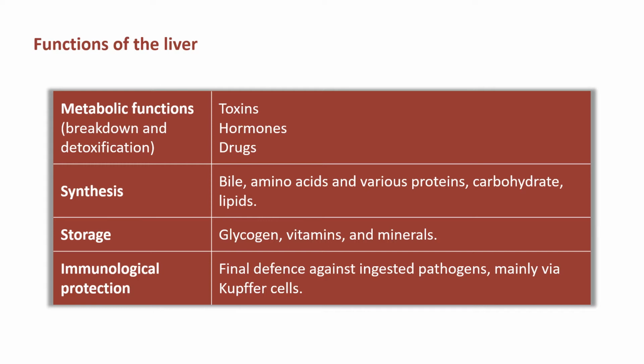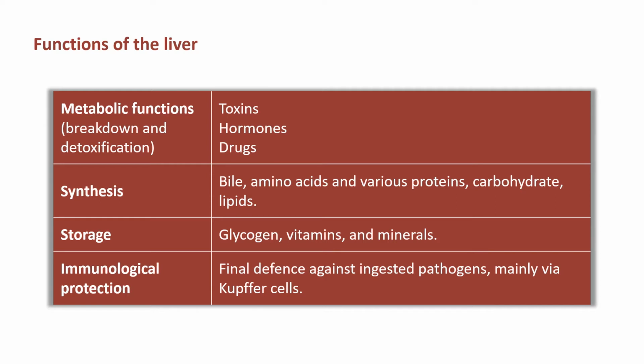We also have synthesis. So the liver is responsible for synthesizing bile. It synthesizes amino acids in that it's able to transfer amino acids from one base to another. So it can synthesize a different amino acid from an existing one.